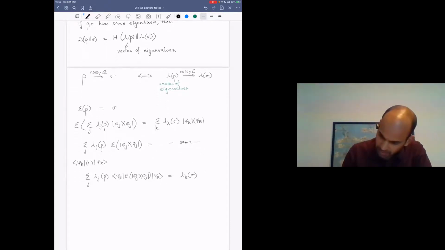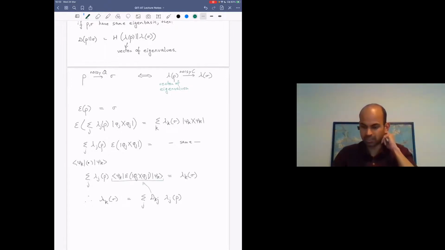So this very much looks like a matrix equation, because what I'm getting is that lambda k of sigma is equal to the sum over J of, let's call it d kj, lambda J of rho, and this d kj is defined by this.